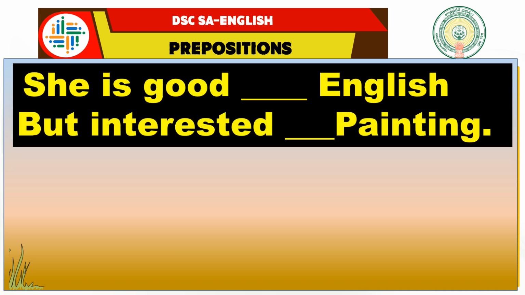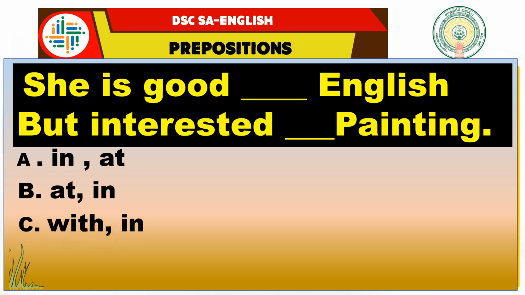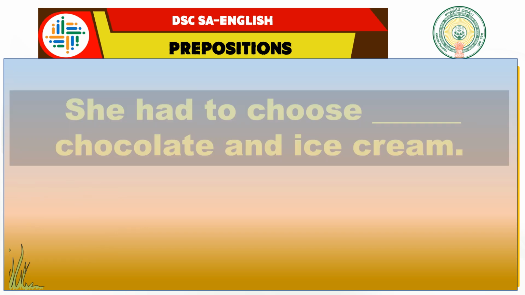"She is good dash English but interested dash painting." So any idea? Just go through the options. Yes, it's a compound preposition and you have to say good at and interested in. So the right option is B. Now let's look at another example.